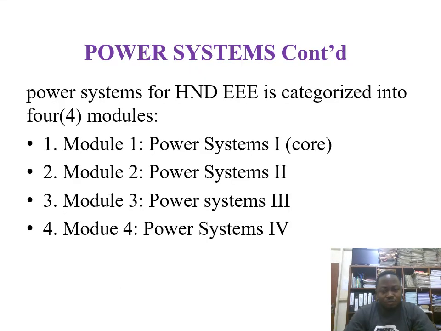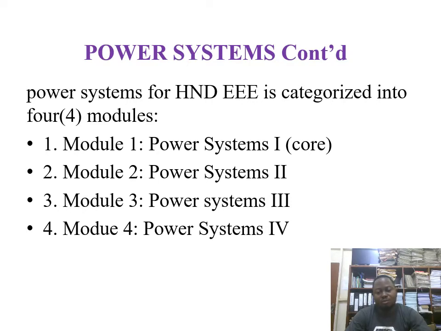The power system for HND electrical students has been grouped into four modules: Module 1, Module 2, Module 3, Module 4. Module 1 is Power System 1. Power System 1 is a core, meaning that irrespective of the area you want to major in, you have to take Power System 1.